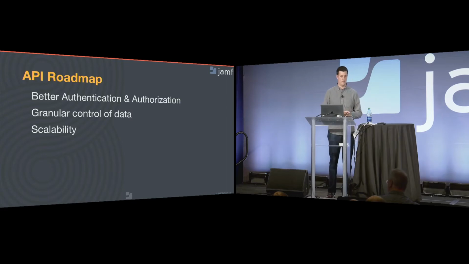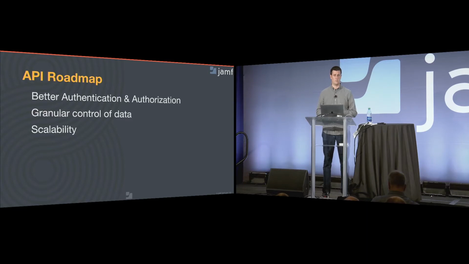Scalability. So scalability is kind of, even outside of API-related things at Jamf, one of the top things that we're looking at product-wide. And of course, it goes without saying that it's extremely important for our API as well. So we're looking at, again, ensuring that you can effectively work with large data sets. Right now, it is very difficult.